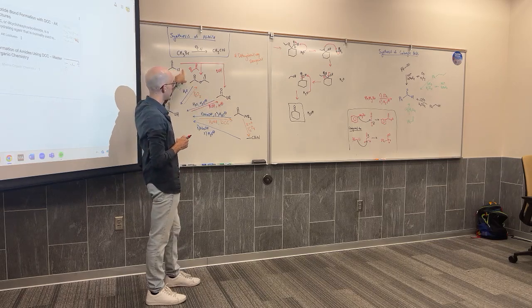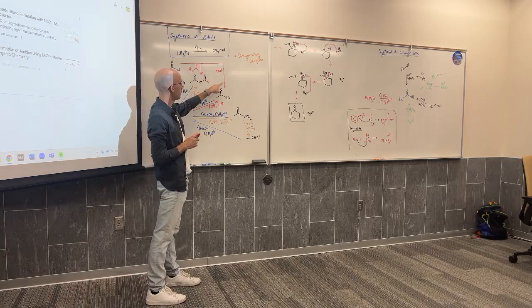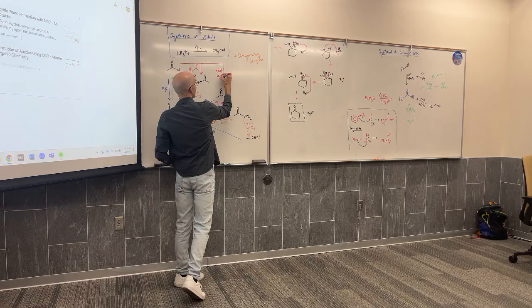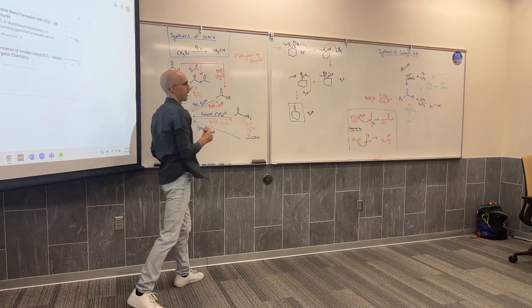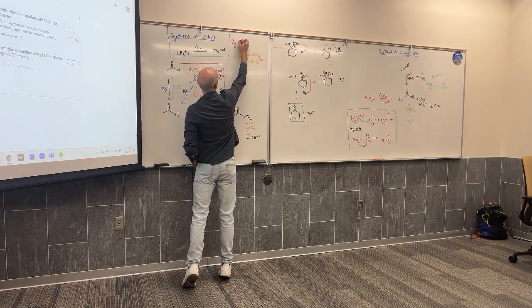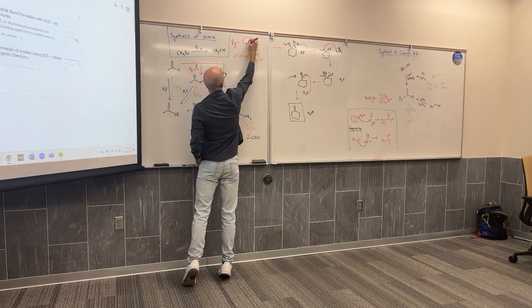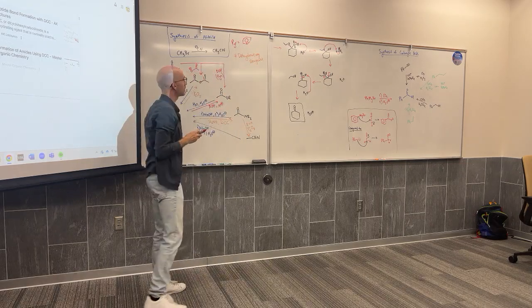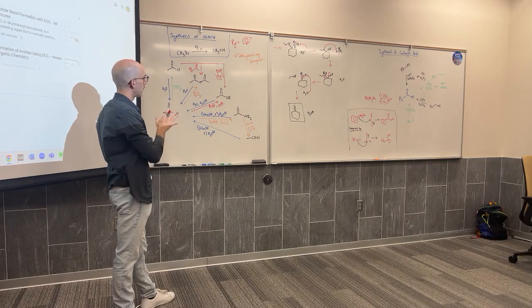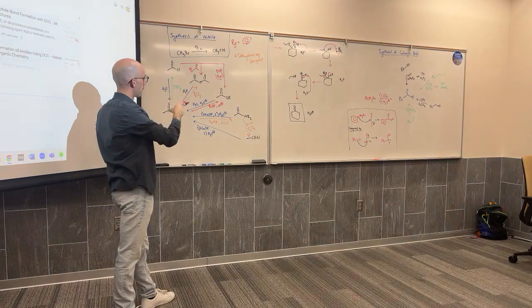However, chloride is not a good base for any sort of deprotonation, so we also require pyridine in this reaction. I'm abbreviating pyridine as PRY, but this is an organic base. It's that aromatic compound. And it acts as a good base for deprotonation.